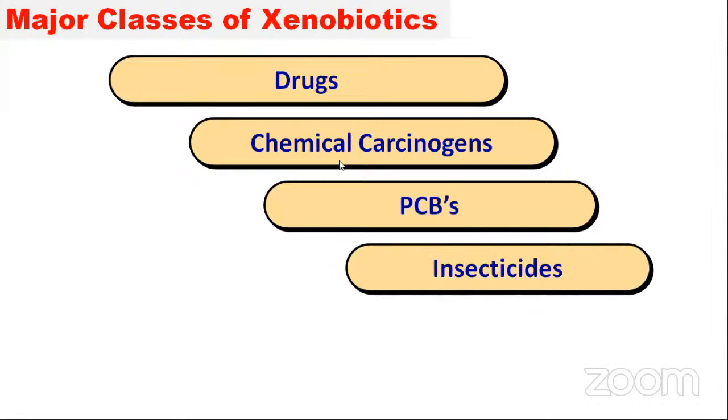Insecticides, organophosphorus, organochlorine, pyrethroids, pesticides, which are chemicals meant for killing the pests. They are external to environment, but you can inhale them and also get a lot of associated diseases. Insecticides are xenobiotics.